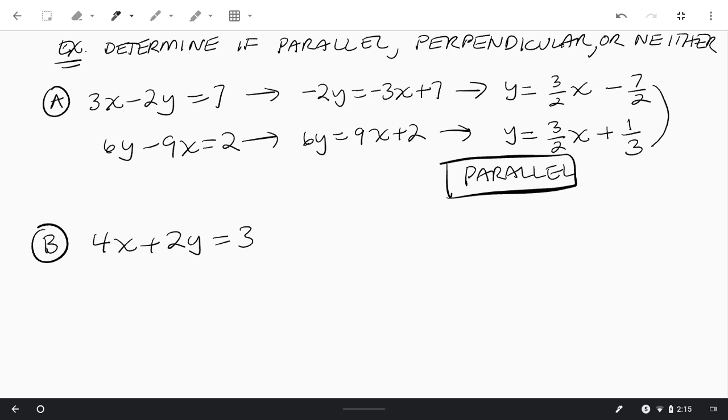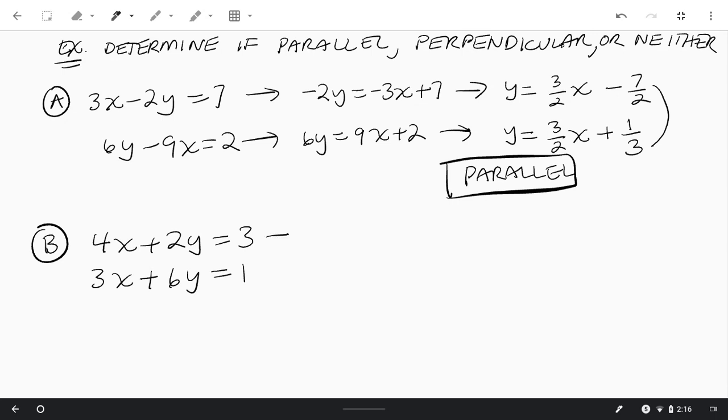Now, at this point of the video, if you want to go ahead and hit pause and try it yourself, and then hit play when you're done to see if you get the same answer, then that's normally what I would do in class. Have you guys try this one on your own, okay? All right, so either hit pause and do it and then come back, or just follow along, okay?